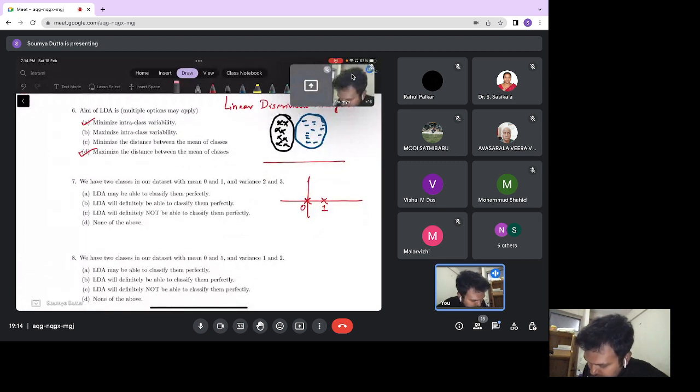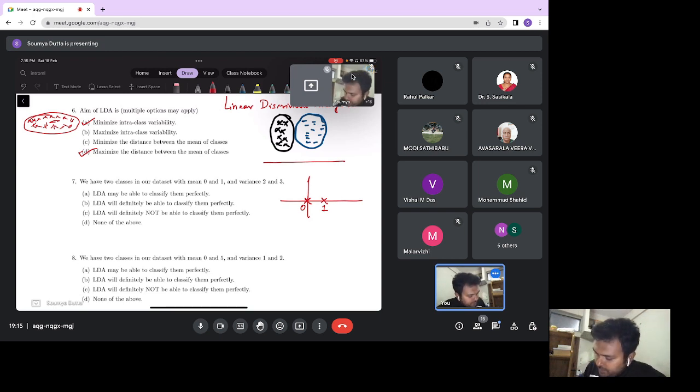Suppose your points are distributed in such a way that it looks like this. So this big ellipse that I have drawn is an example of how your class distribution might look.